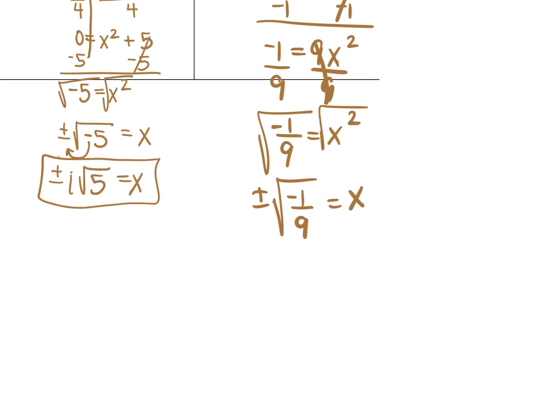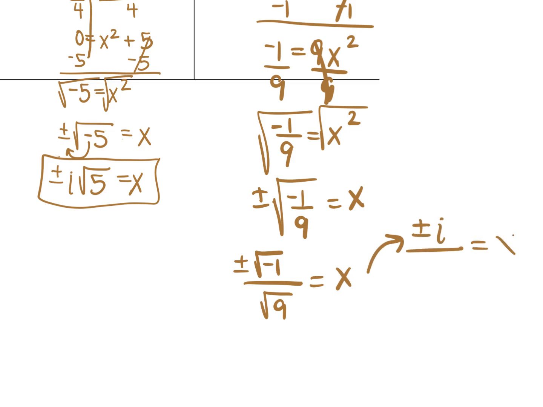Square rooting a fraction means you square root the top over the bottom square rooted. What is the square root of negative 1? i, yeah, that's the literal definition of i. And what about the square root of 9? 3.